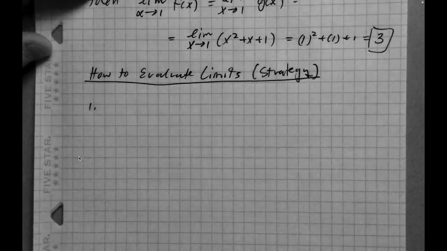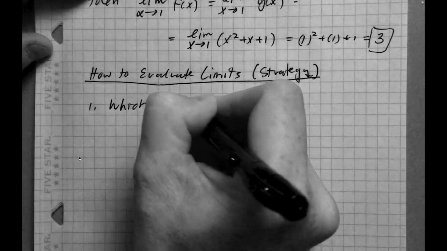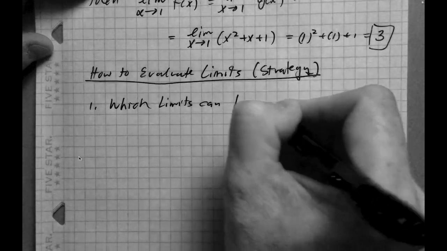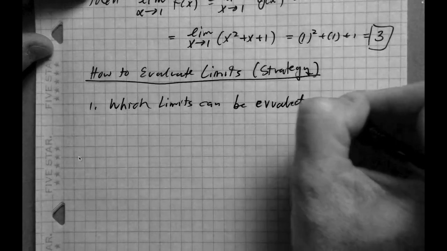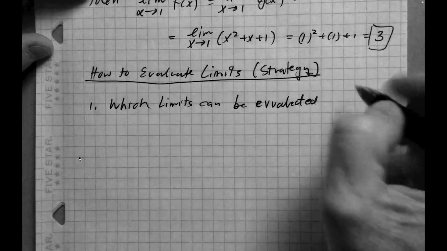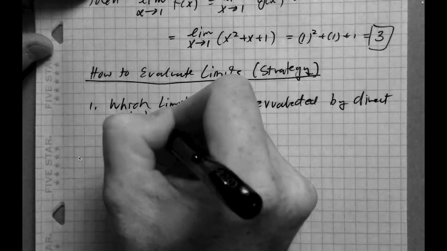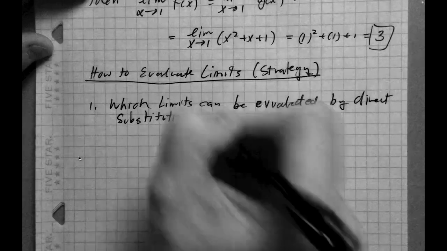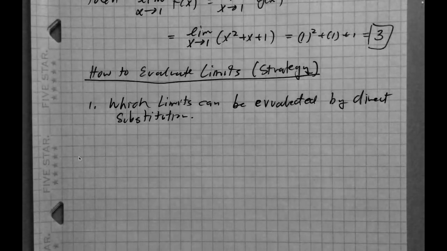Learn which limits can be evaluated by direct substitution. And that would be the approach to take, naturally, if it's doable. So that would be things like your polynomials and your trig functions and your constant functions and things like that. Rational functions for many cases.